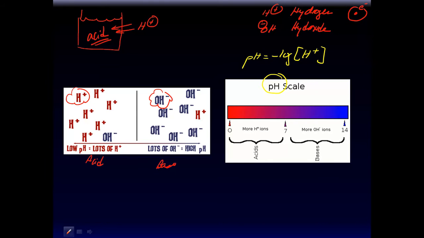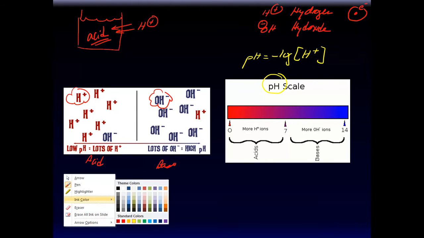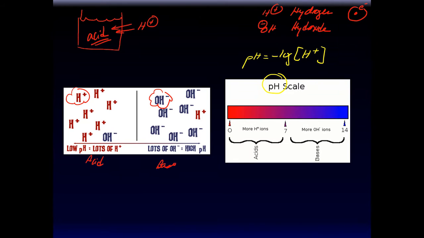The bracket suggests concentration. Hydrogen ion concentrations are very small numbers, even in strong acids and bases, so these are like scientific notation numbers.